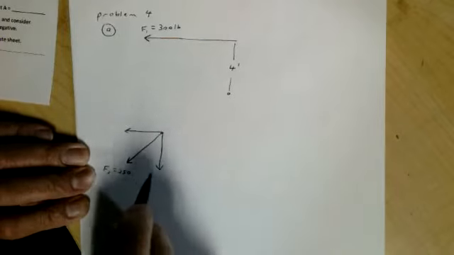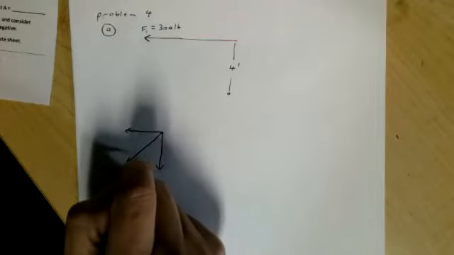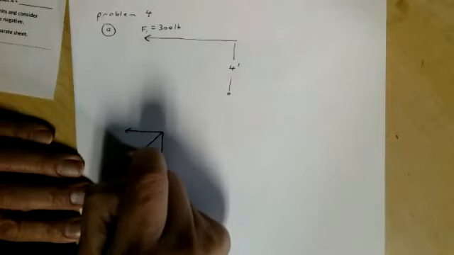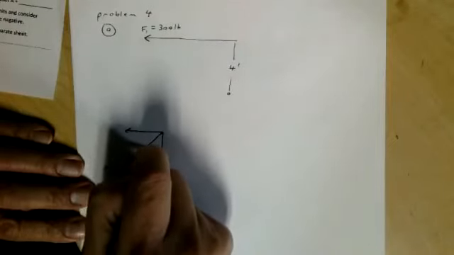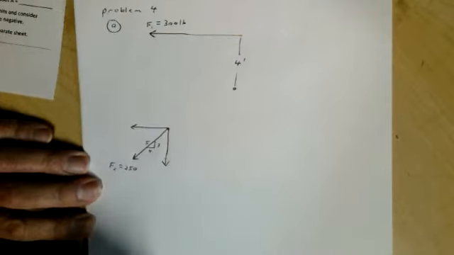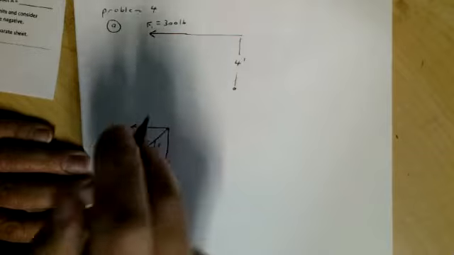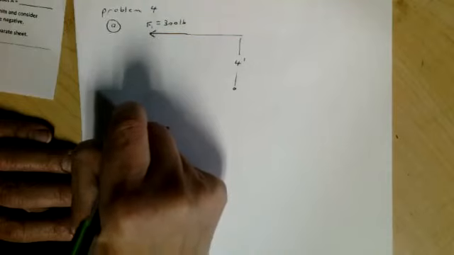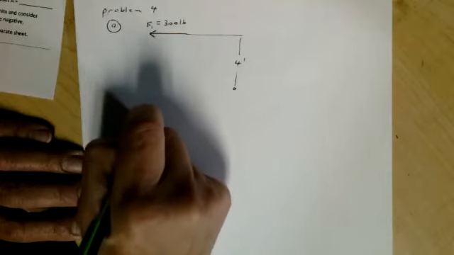And of course, there's that little box there, a 4, 3, 5. So again, 4, 3, 5. And so the force in this direction is going to be 250.